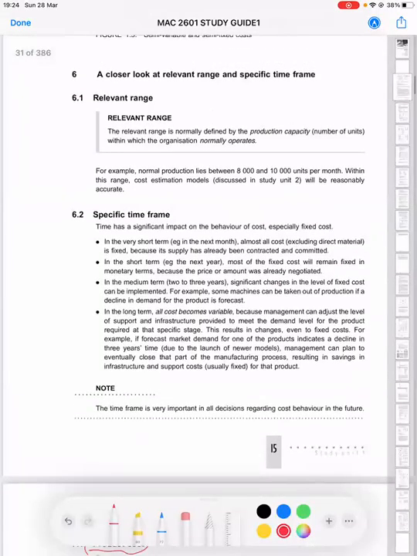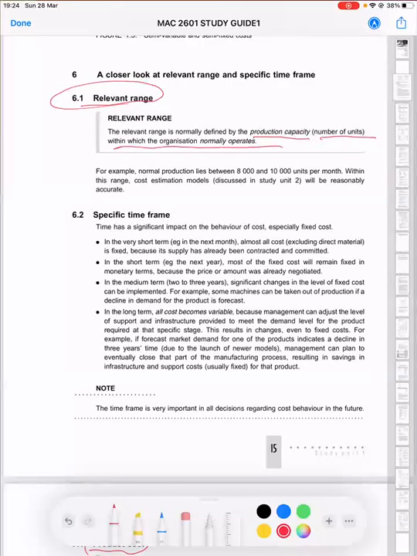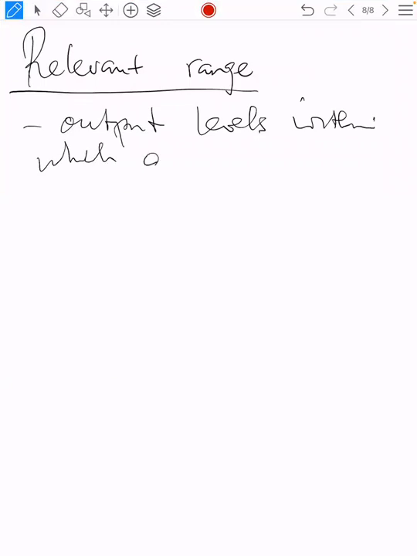A relevant range is normally defined as the production capacity, that is the number of units, within which the organization normally operates. That's a relevant range. In other words, this is the output levels within which an organization normally operates.